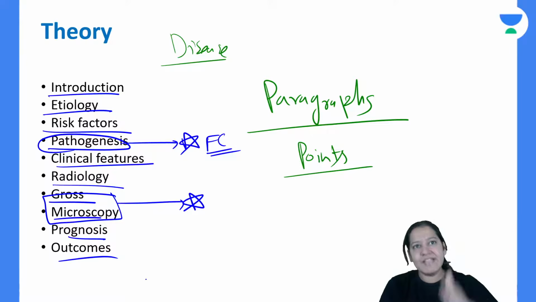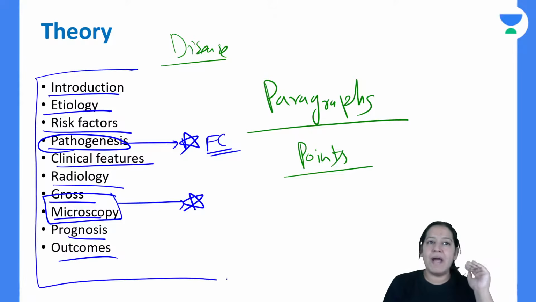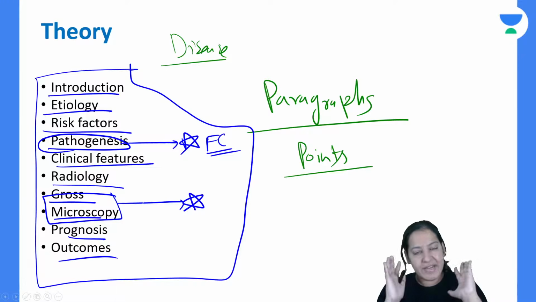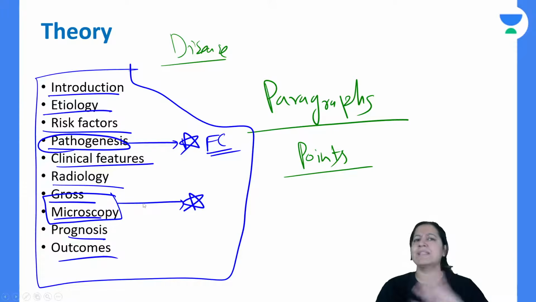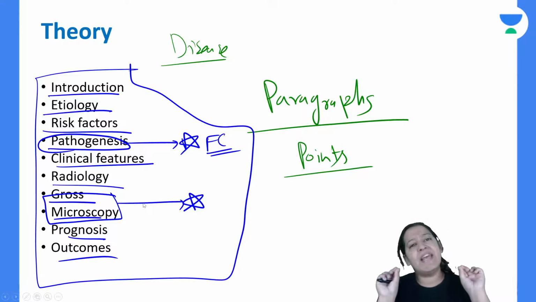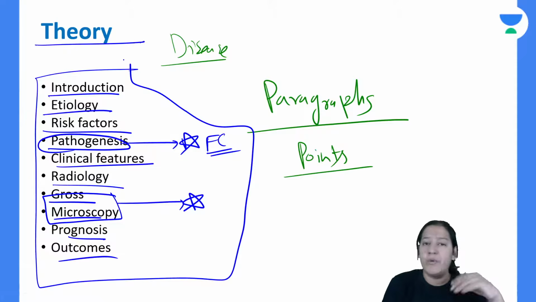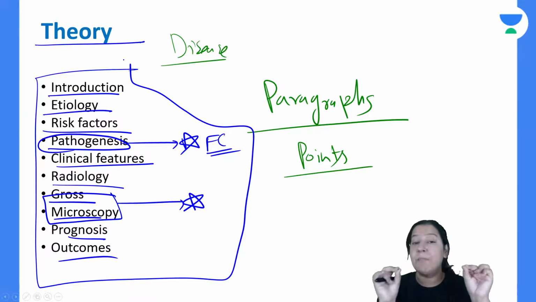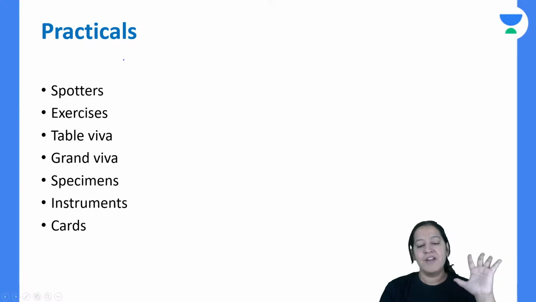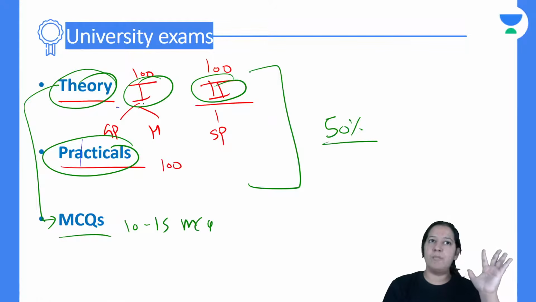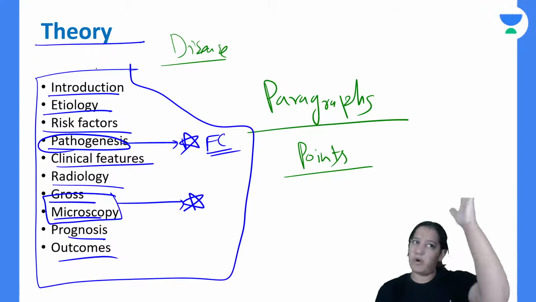So all diseases you have to describe under these headings. If it is a habit for you from day one, if you follow this sequence for all diseases and any topic, it will be very easy for you to crack your theory exams with distinctions. Mark my words, that is my guarantee. That applies to theory paper 1 and also paper 2, so you have to follow the same sequence.